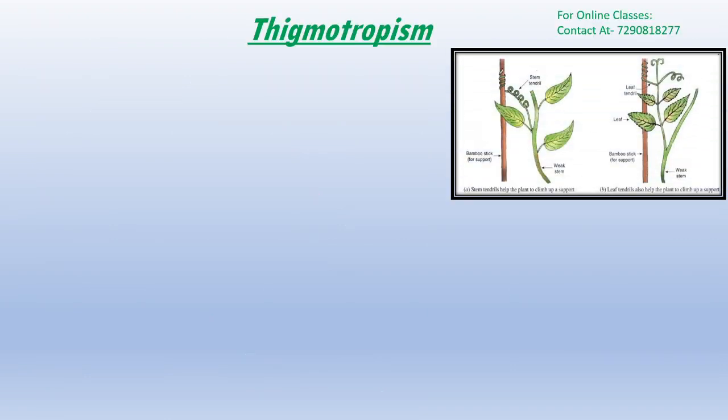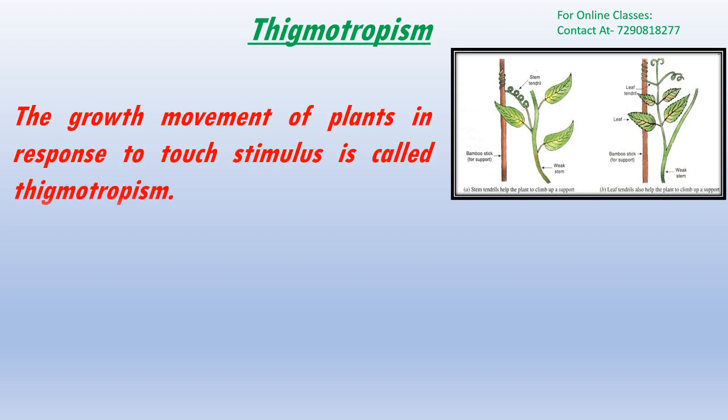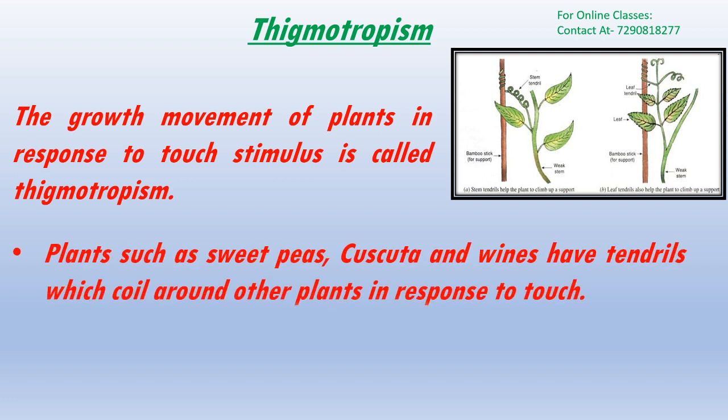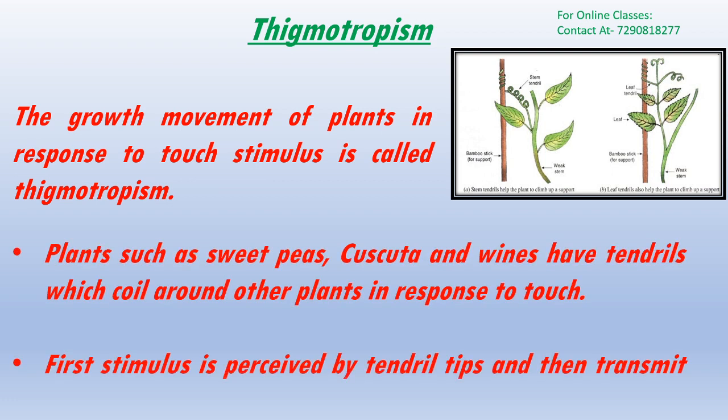Now, another tropic movement is thigmotropism. The growth movement of plants in response to touch stimulus is called thigmotropism. There are some examples which show thigmotropism, such as sweet peas, cuscuta, and vines, which have tendrils that coil around other plants in response to touch.